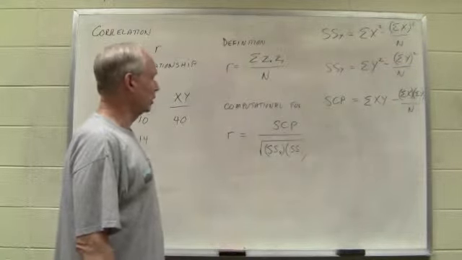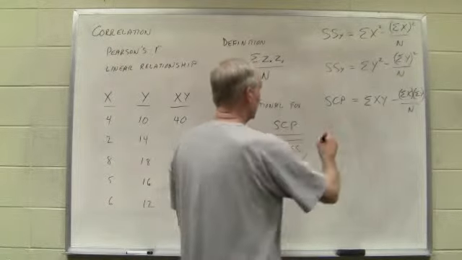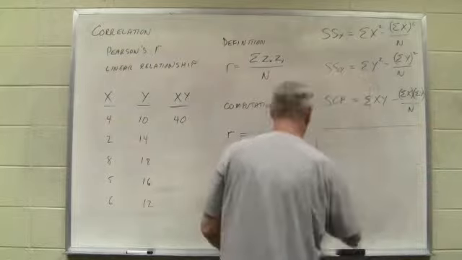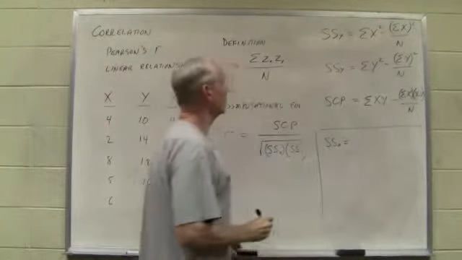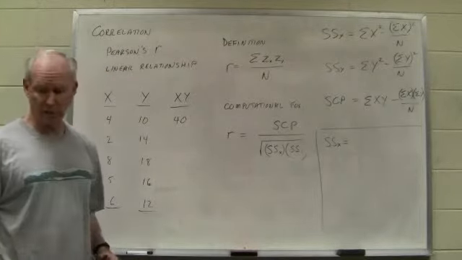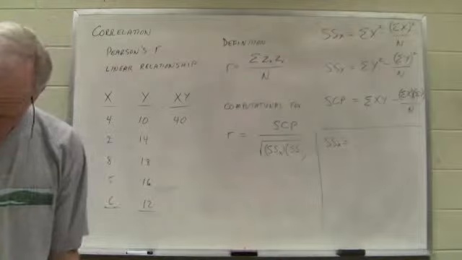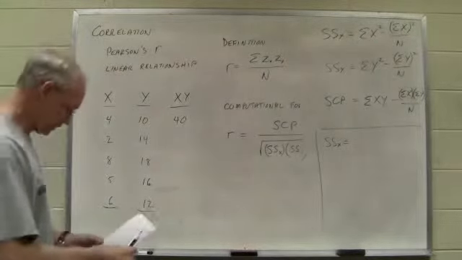All right, so we've got a little bit of work to do. First of all, getting the sum of squares of the x's. I've done some of these calculations. In fact, I've done just about all of these calculations ahead of time. Here's what we get for the x's.